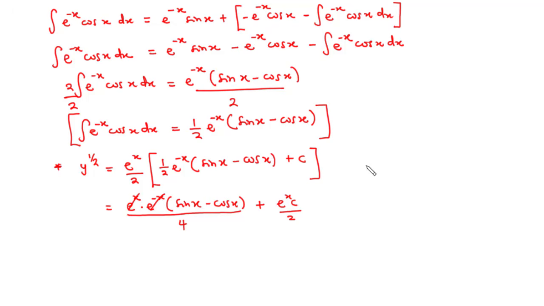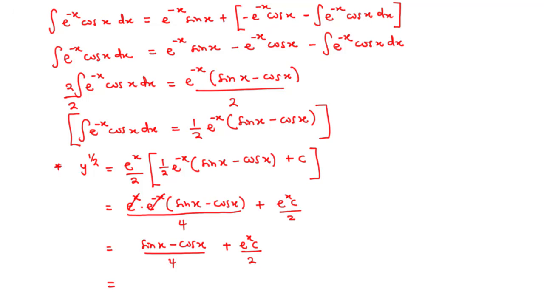According to the laws of indices, this becomes e to the power x plus negative x. x minus x is 0. Any non-zero number raised to the power 0 is equal to 1. So they cancel each other. We have 1 times sine x minus cos x, which is still sine x minus cos x, all divided by 4 plus e to the power x times c over 2.